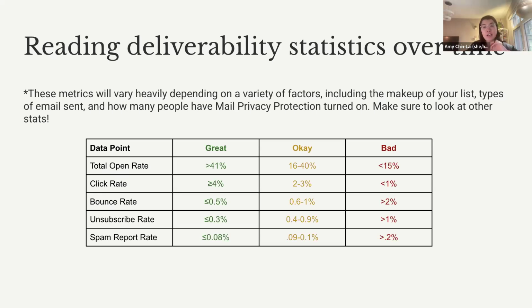Those opens weren't ever completely reliable, but they did make it easier to see if your email was immediately going to spam. Because the way mail privacy protection pre-caching works is that they download those images, and that is what is considered an open, that the image is rendered. But when an email is sent to spam, those images do not get rendered. So they do not count as an open for someone that has mail privacy protection turned on.